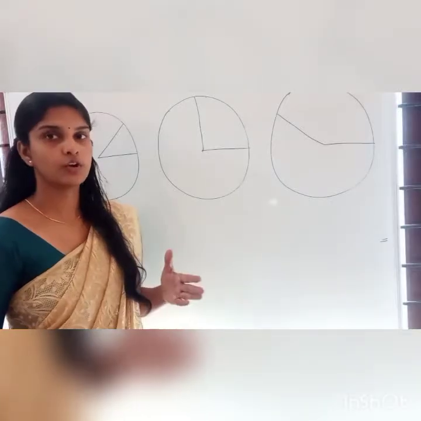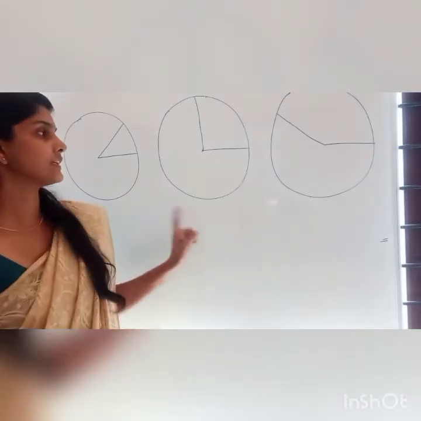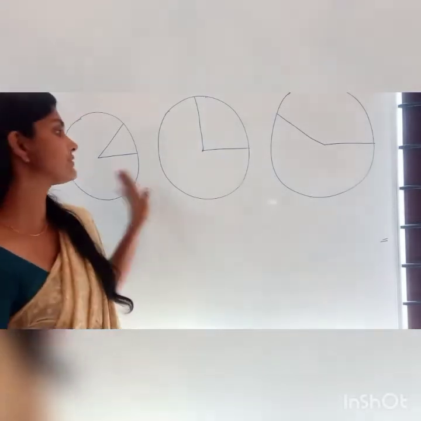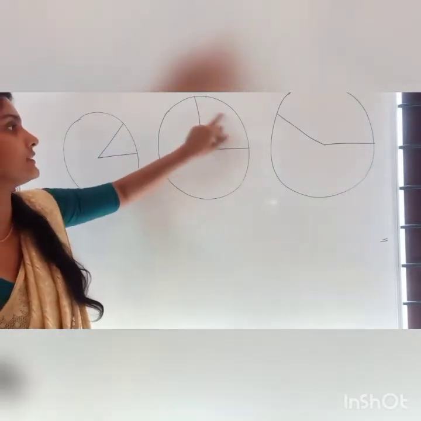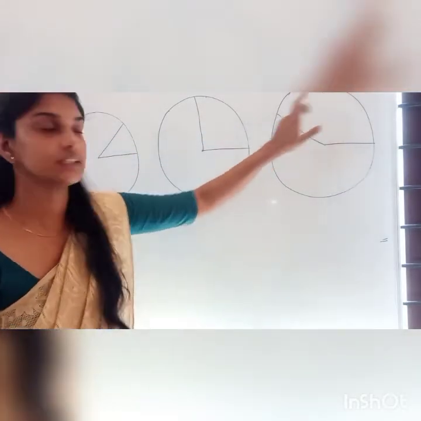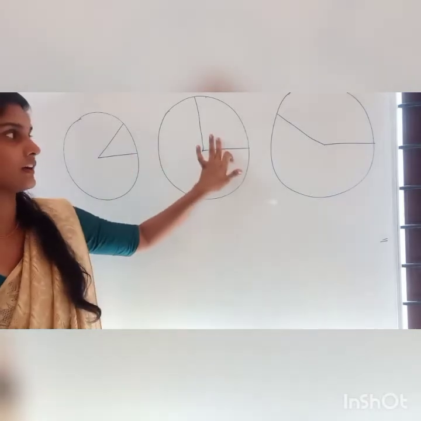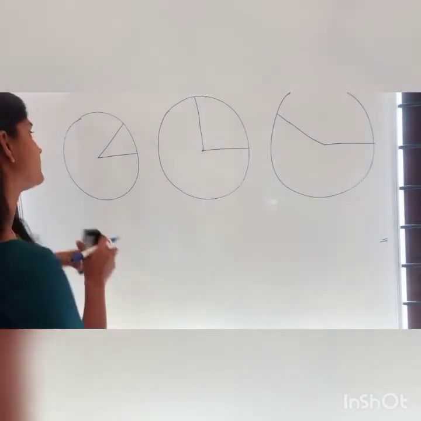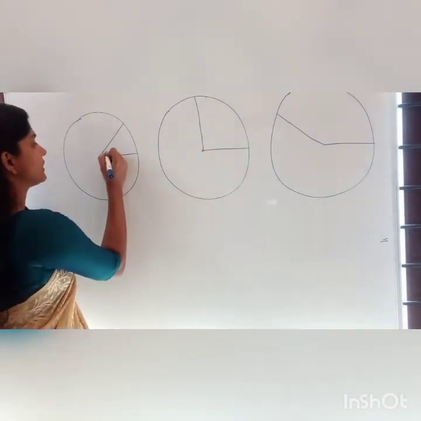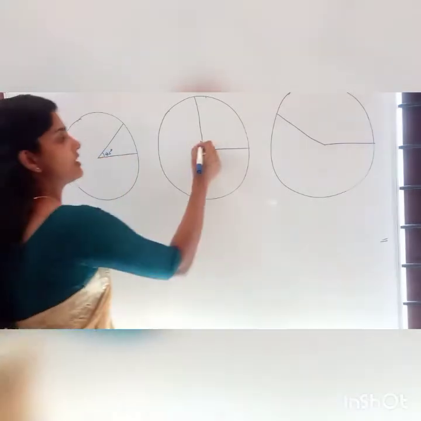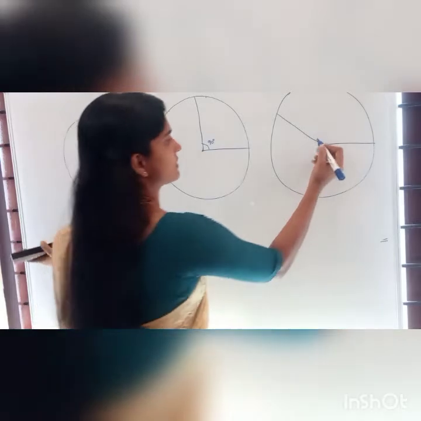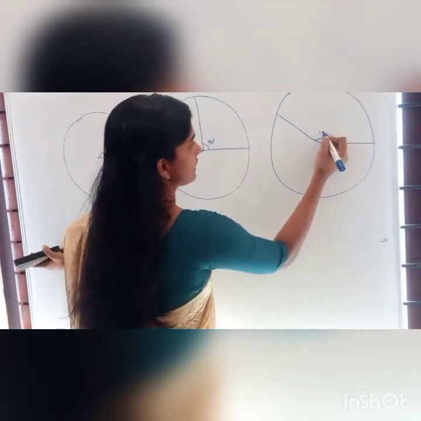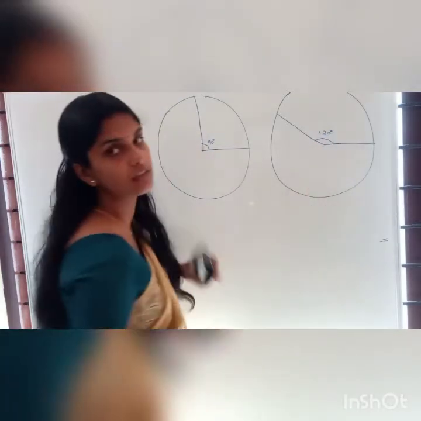Okay. Now look here. Here you can see three figures. In these three figures, as the arc length is increasing, what is happening to the central angle? It is also increasing, right? Here it is 45 degree. Here the arc length has increased to 96, and here it is like 120 degree.